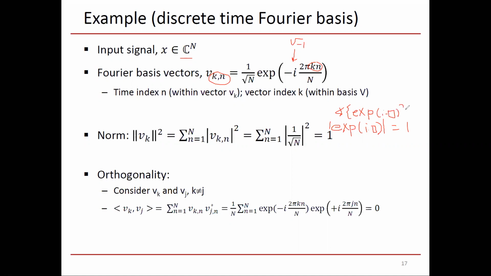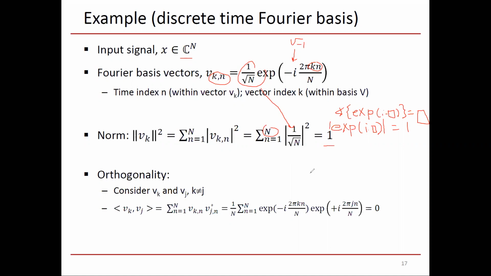In other words, polar coordinates. And if the magnitude of that thing is 1, then the magnitude of that thing multiplied by 1 over square root of n gives us 1 over square root of n. And recall that we're squaring the magnitude. So we have n components, each of them is 1 over square root of n squared. So n times 1 over n is 1.